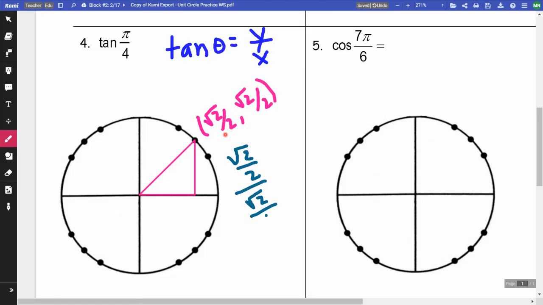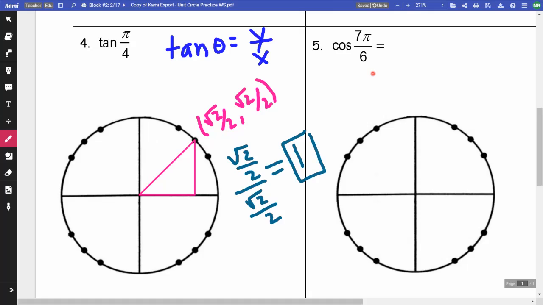And you might want to try to change this to multiplying by the reciprocal, but stop for a second. It's √2/2 over √2/2. It's the same over same. It's just a big fancy 1. And we used to know in Integrated 2 that the tangent of 45, which is what pi fourths is, was 1. Okay, so that is 1.